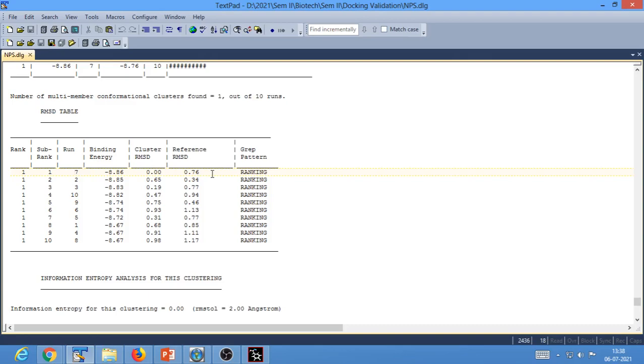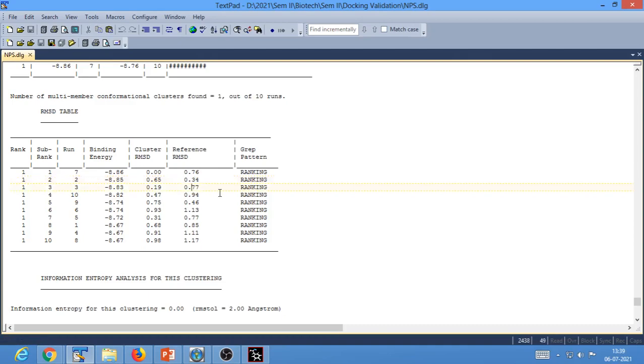Okay, is it clear? So now if 2 Angstrom is the cutoff for determining if the software is able to regenerate the pose or not, then the result that we have obtained here is far more significant, right? The best result that we have obtained has an RMSD of only 0.34 Angstrom.